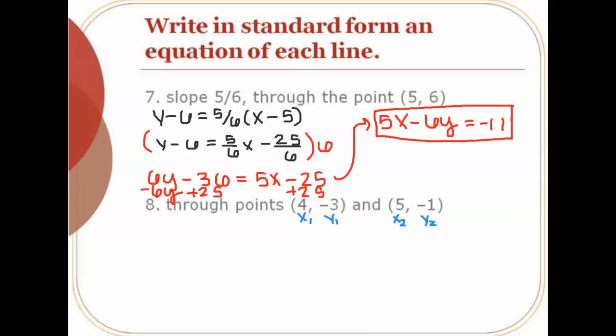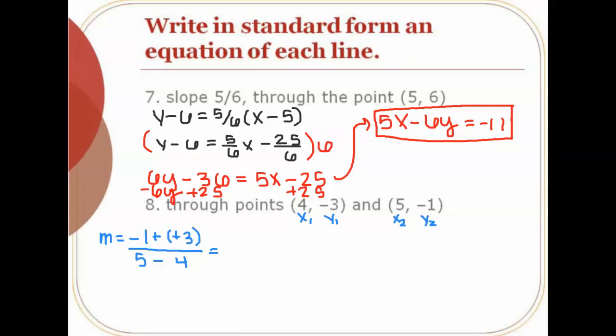So if you're given 2 points but not a slope, we have to use our equation of slope to find the slope. So that's y2, which is negative 1, minus y1, which is negative 3, over x2, which is 5, minus x1, which is 4.